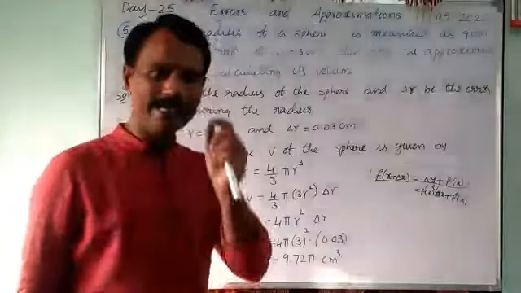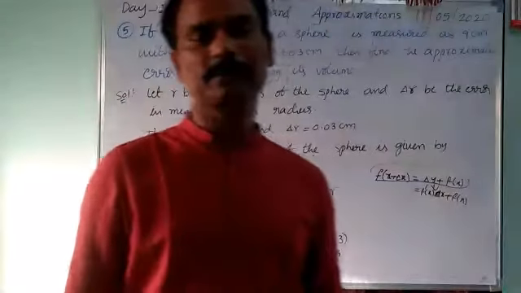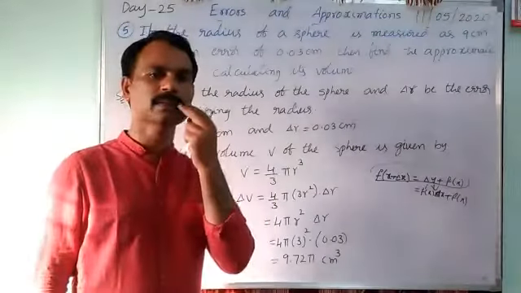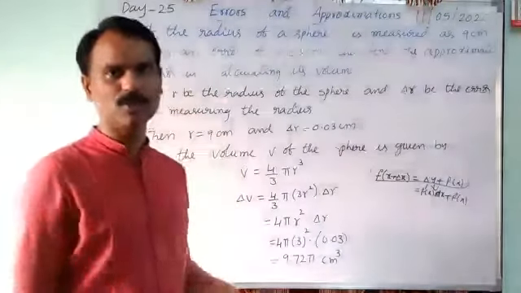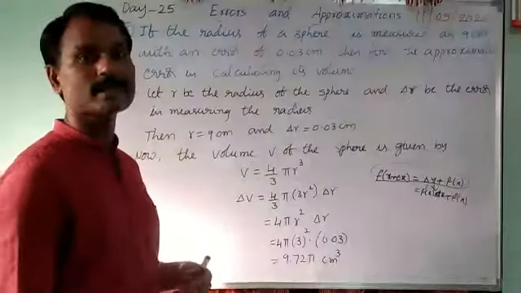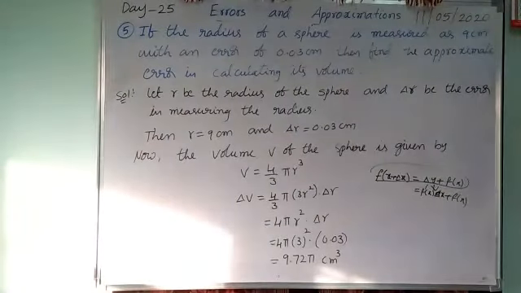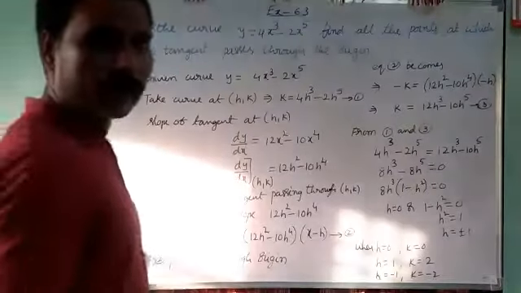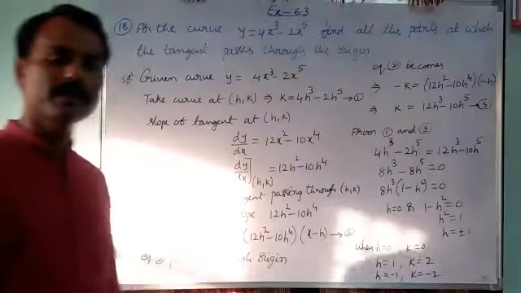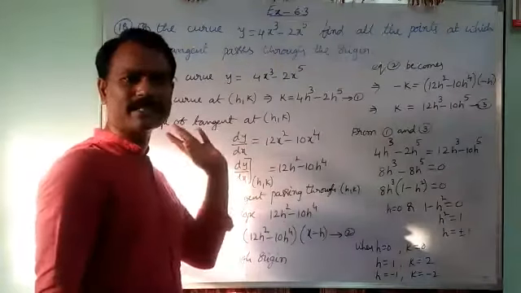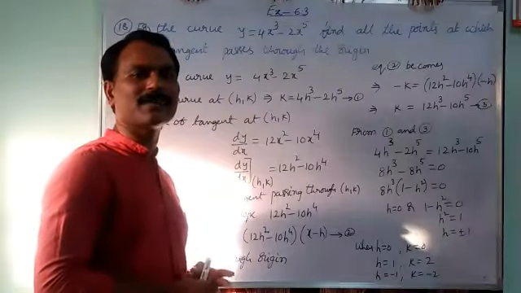Guys, I made one mistake in 6.3, the 18th problem. Once again, you have to take the solution of the 18th in exercise 6.3. Student, on that day I made a mistake in this 18th problem, and I heard even in the 17th I considered y is equal to x square instead of y is equal to x cube.